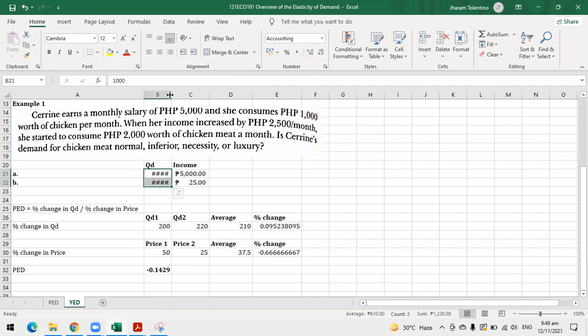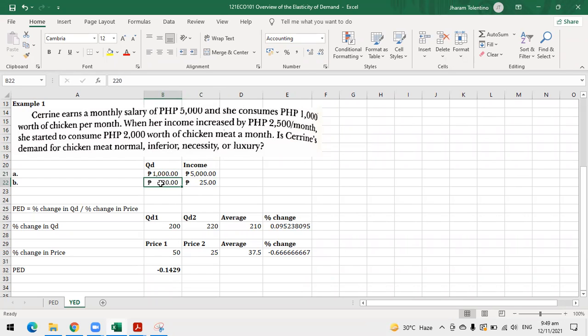Tapos na-afford niya mag-chicken. So, labas, mga basher. And then we have an increase of 2,500. So, nadagdagan yung sahod niya ng 2,500. So, 7,500 na yun. Ay, sorry, baliktad. This one is 7,500. Ito, naging 2,000 na daw yung worth ng chicken.